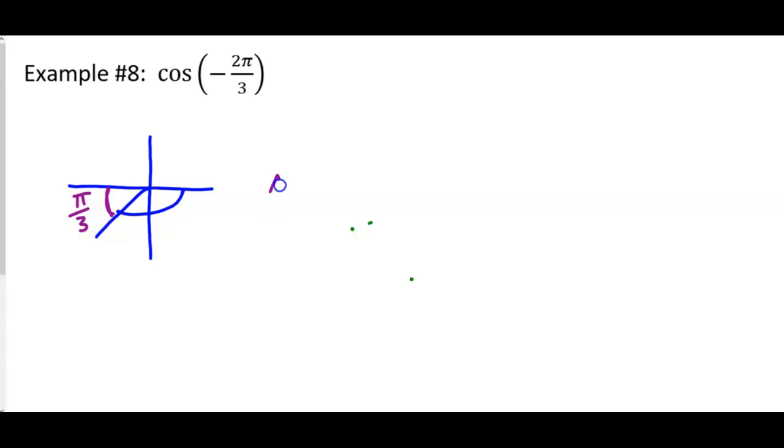So reference angle pi over 3. Now that is a special angle, so I do know the cosine of pi over 3. The cosine of pi over 3, let's see, 1/2, right? Yes.